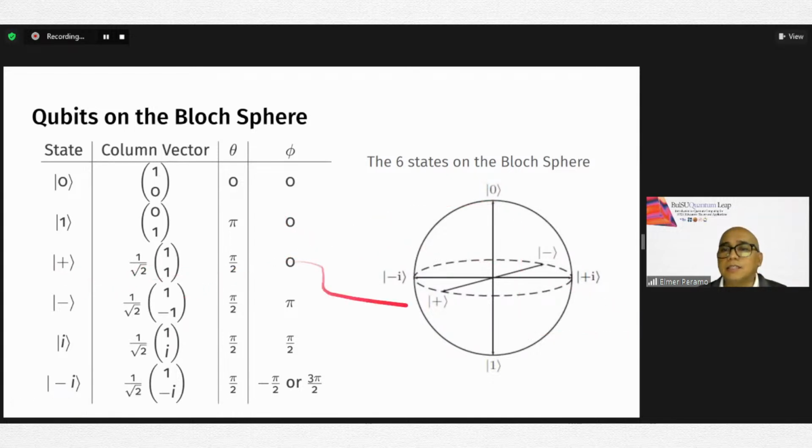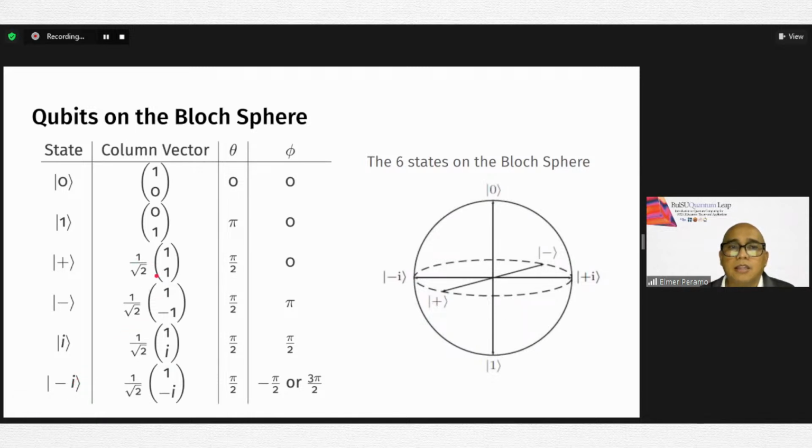And then ket plus is here. It's actually on the equator. Ket plus, ket minus, ket i, and ket negative i are on the equator. There's a plane on the equator, and ket plus is diametrically opposite ket minus, and ket i is diametrically opposite ket negative i.